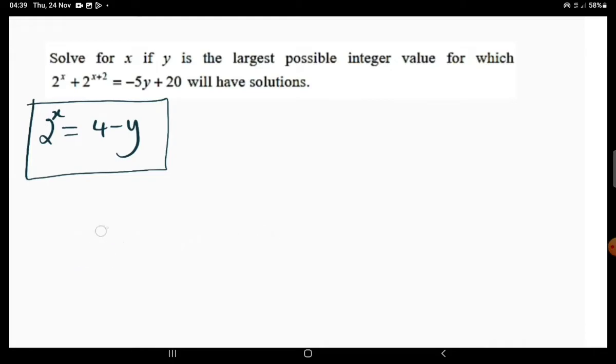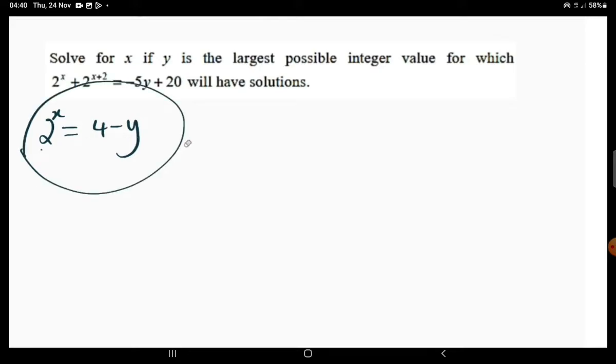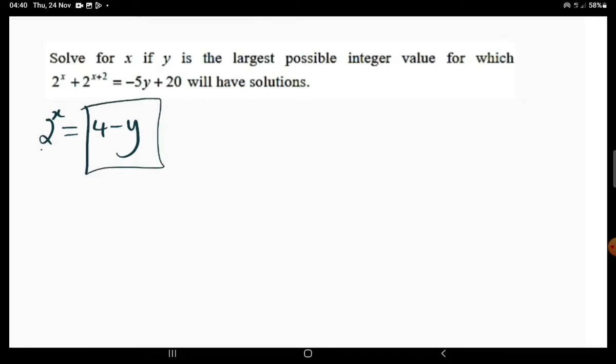So that means it also applies on the right hand side, that 4 minus y, in order for this whole equation to have a solution, then therefore this must be greater than 0, because there is no other way that this side could give you a negative value, so this one must also not give you a negative value.